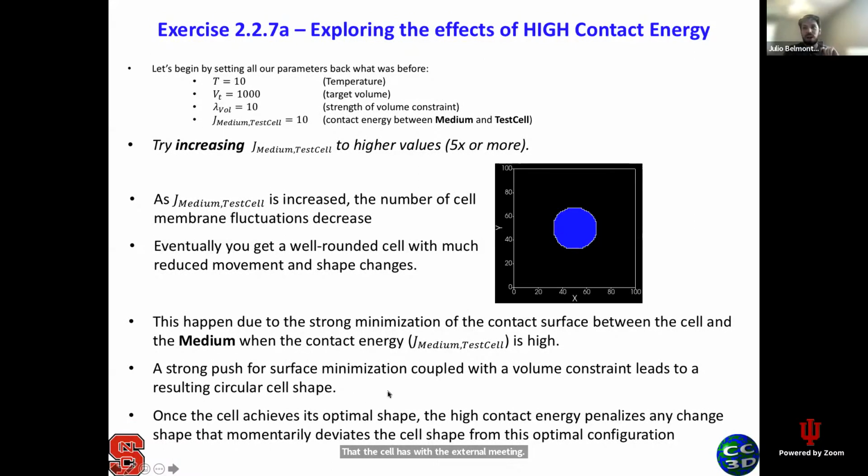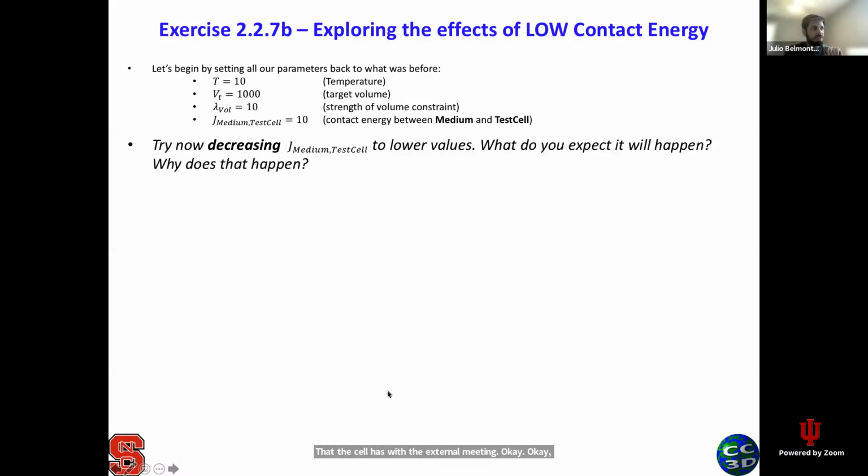All right, so now let's try to do the reverse. Let's try to decrease the energy between the cell and the medium, okay, to lower values. If you now decrease that from 10 to lower values, what do you expect will happen to the shape of the cell? Tell me in the chat what you expect. And after you tell me your expectations, let's run the simulation. So more dynamic change, yes.